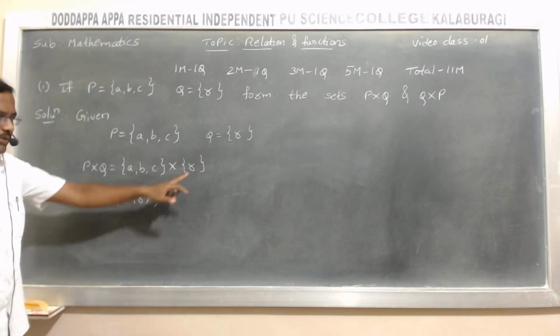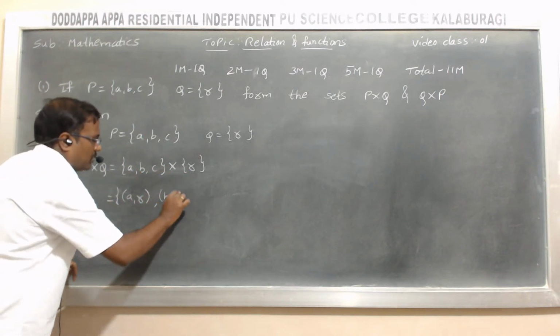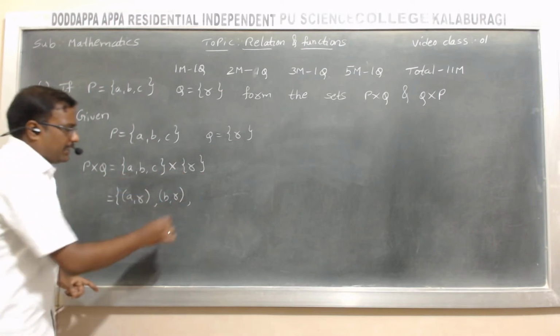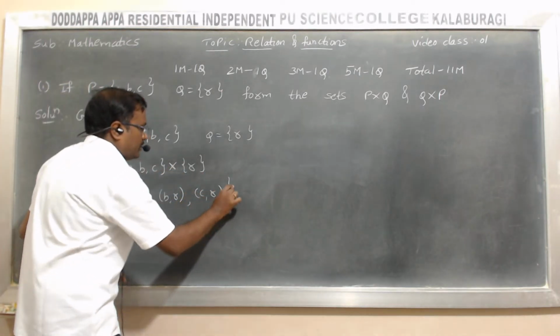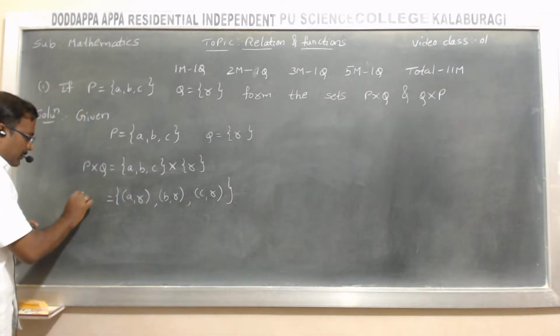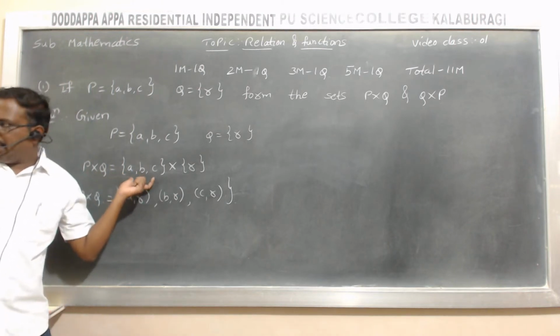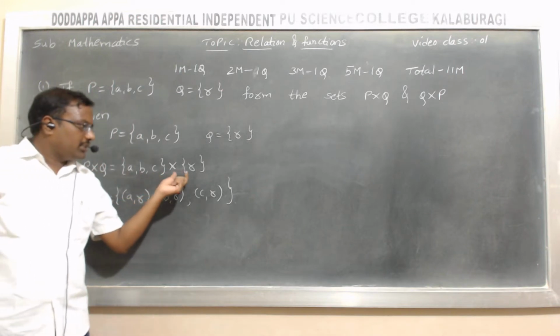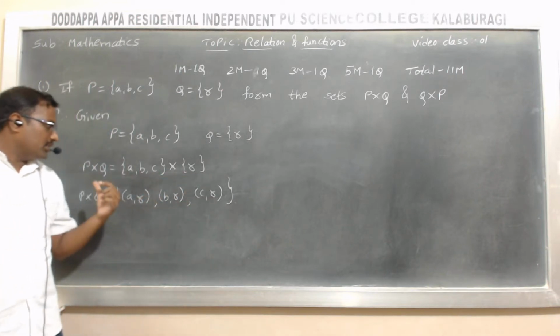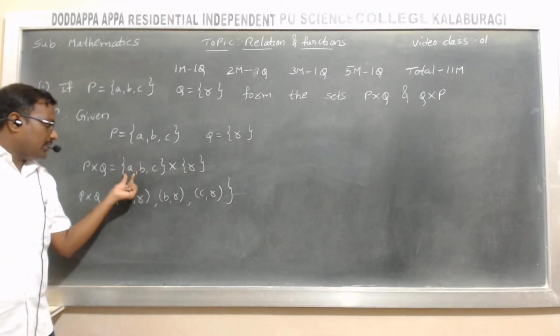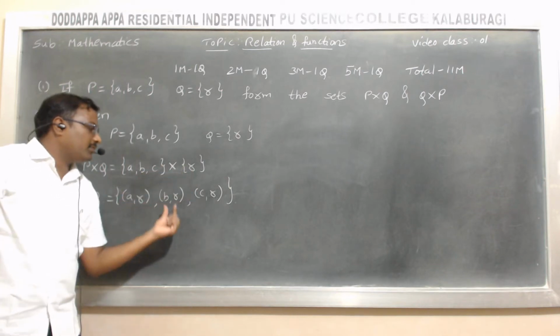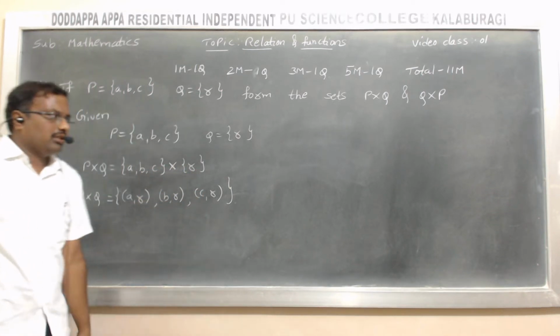Similarly, next (b, r), next (c, r). Once again I will repeat. Here P is given as {a, b, c}, cross Q is given as {r}. So by the usual method: (a, r), (b, r), (c, r).